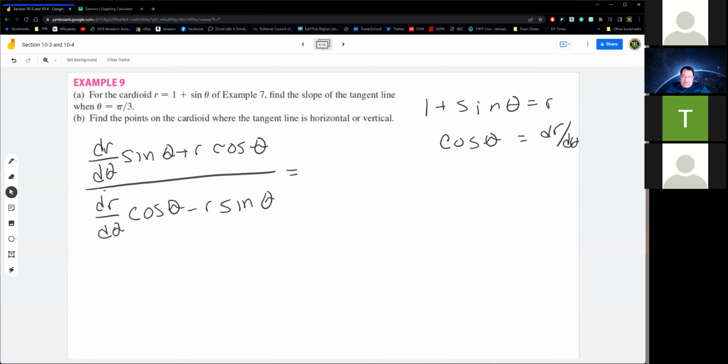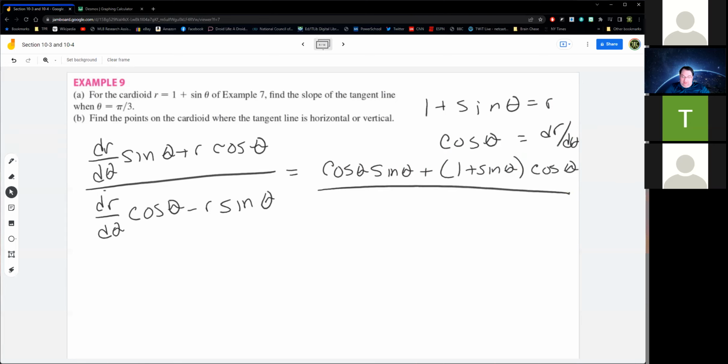So I have cosine of theta, sine theta, plus 1 plus sine theta, cosine theta, all over cosine theta cosine theta minus 1 plus sine theta, sine theta.